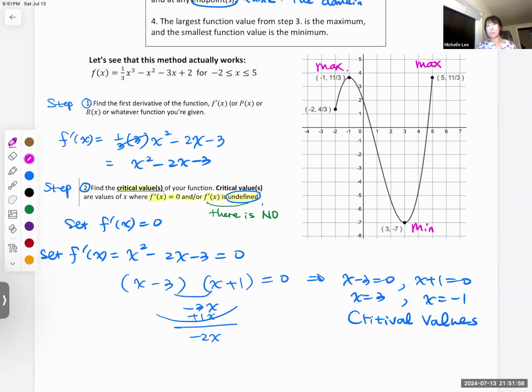And we can see that these are critical points, critical values, right? So f prime of x equal to 0, critical values. And f prime of x equal to 0, critical values.